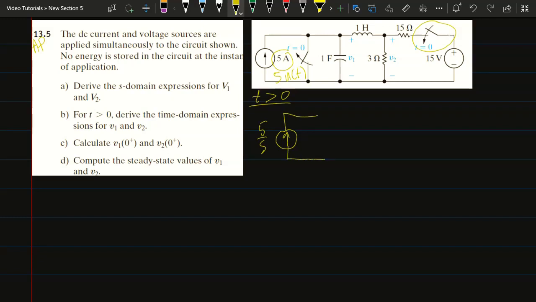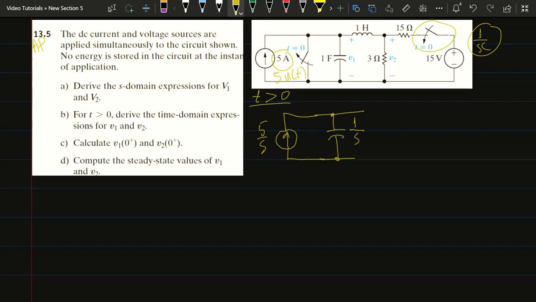This switch now is open, and then I have the capacitor, and for the capacitor it should be 1 over sC, but C is equal to 1, so this is 1 over s. Just a reminder that the capacitor impedance is 1 over sC.